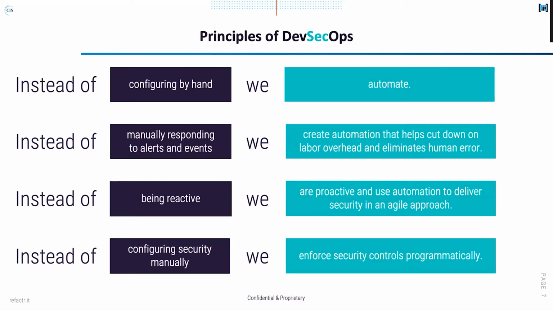And the other one is, if you can have a machine do it, you can eliminate human error. And so if you can do something repeatable, you know exactly what the outcome is going to be of the automation you create, you'll be able to cut down on human error.